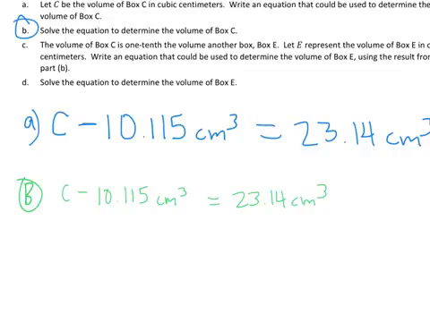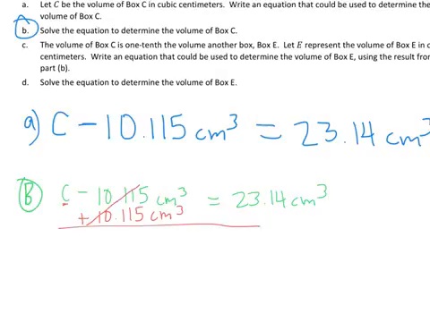So I have to now get C by itself. I want to isolate the variable, and I'm going to do that by, I know that if I have C and I subtract a number and then add the same number to it, I'm just going to get C. So if I'm subtracting this 10 and 115 thousandths, if I add it, it's going to go away.